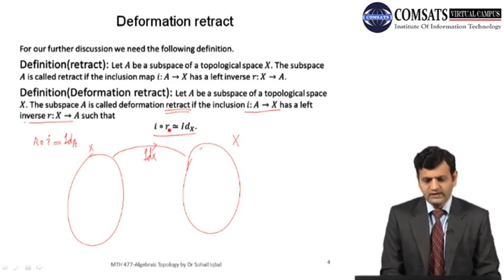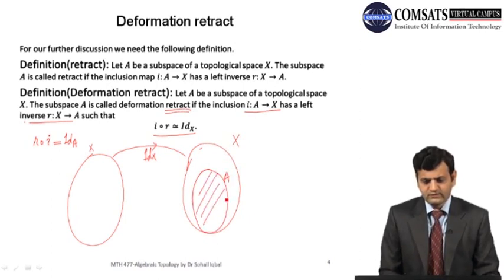So R takes elements of X to the elements of A. So R takes these elements to some subset A of X. So this is R of X.